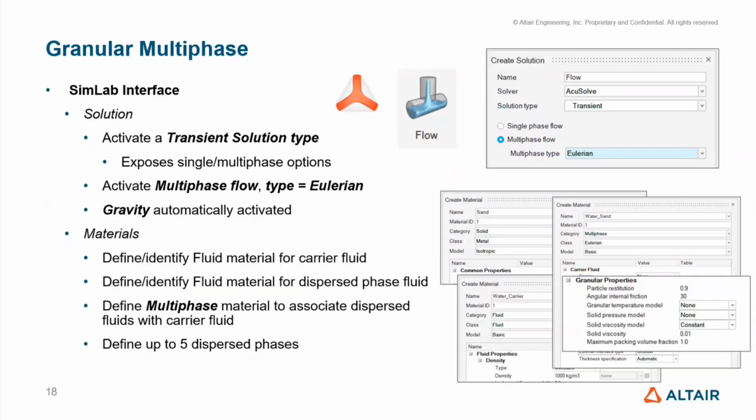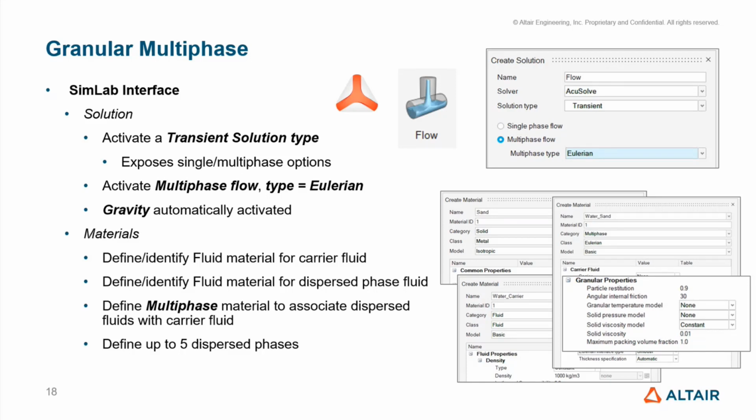In SimLab, a user will begin a granular multiphase solution setup the same way they would for Euler-Euler multiphase, including selecting multiphase type Eulerian. However, when a solid material is specified as one of the dispersed phases, the granular properties section of the material definition will be made visible, and granular multiphase will automatically be activated.